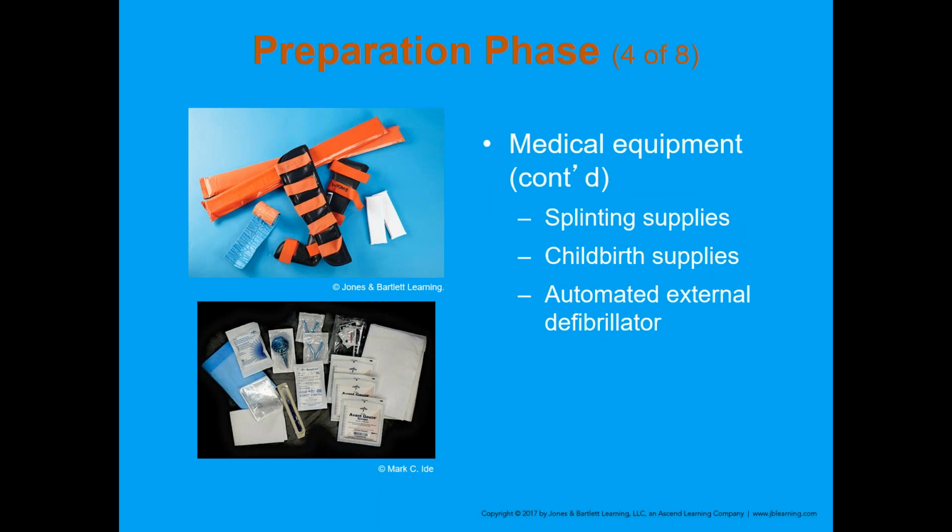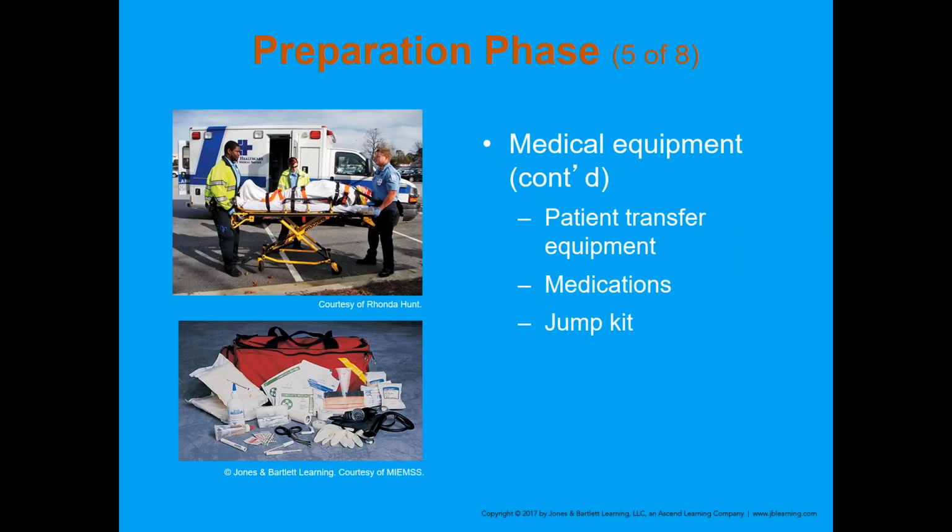Most of this you can find as the standard minimum equipment list for an ambulance, according to the state. And some more equipment, patient transfer equipment, that's a Titan tarps, stair chair, stretcher, medications, and then the jump bag. So quite a few different pieces of equipment.